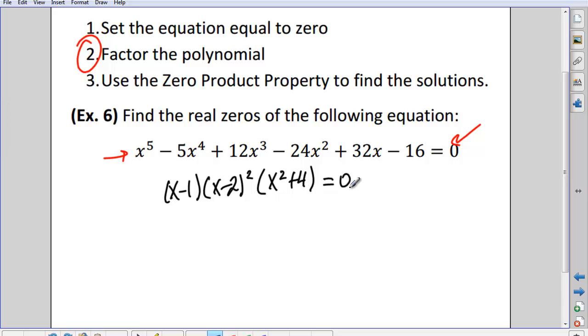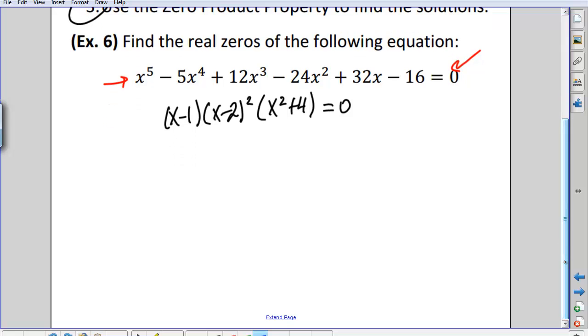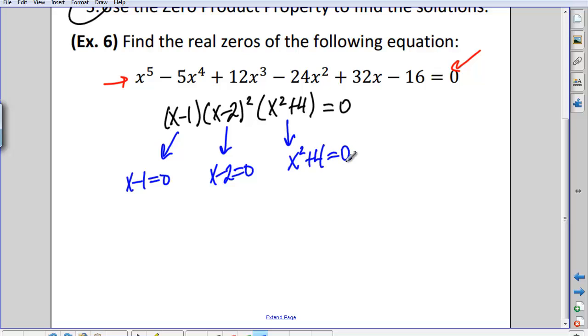So we factor it, and then we use the zero product property to find solutions. Now the zero product property, you've used that before. All that says is we've got 3 factors here multiplied that equal 0. So one of them had to be a 0. So there's kind of 3 cases here because there's 3 factors.